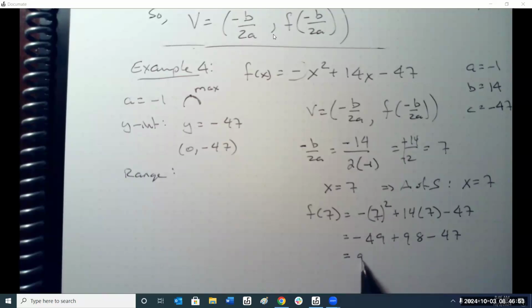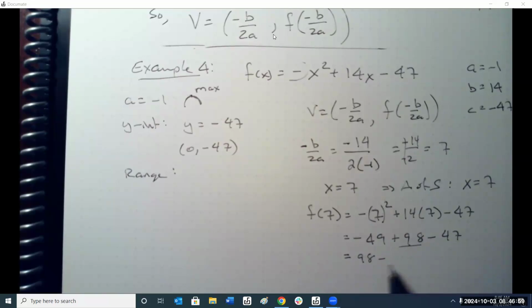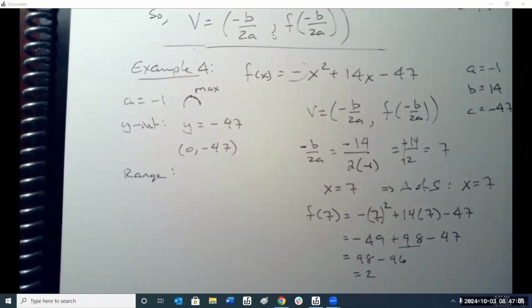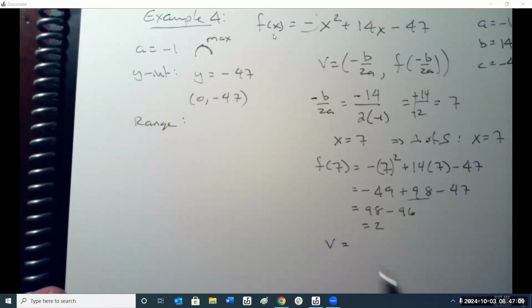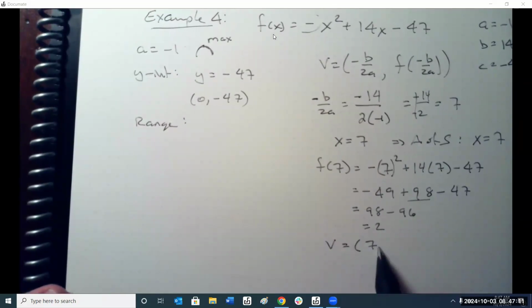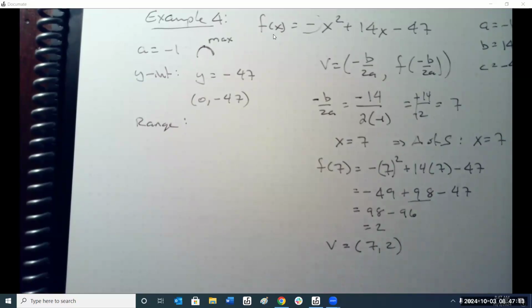Negative 49 plus 98 is 49, minus 47 equals 2. So our vertex is at the point 7, 2.